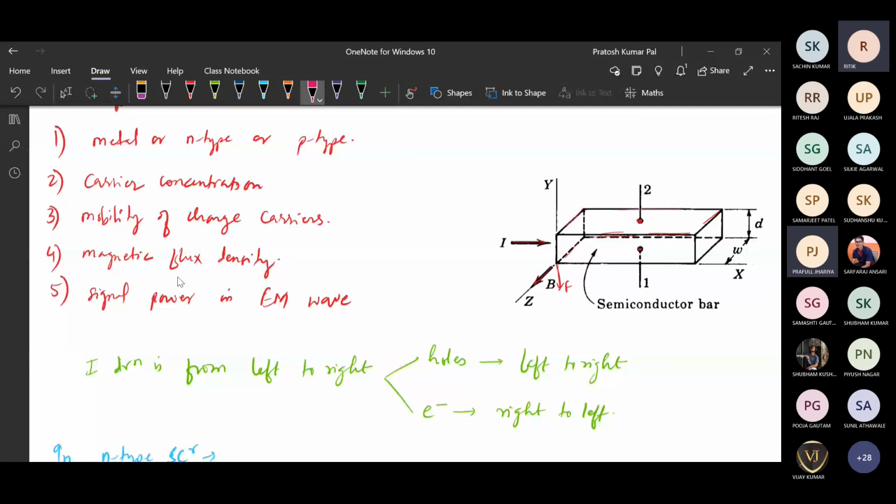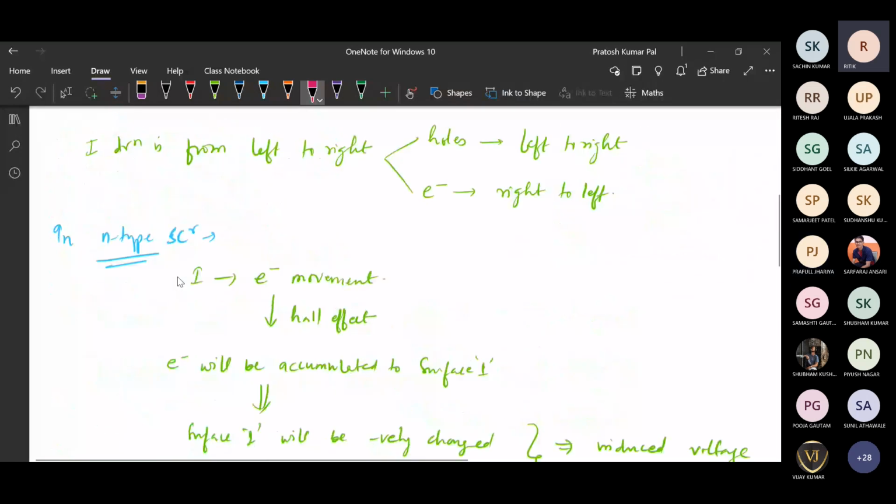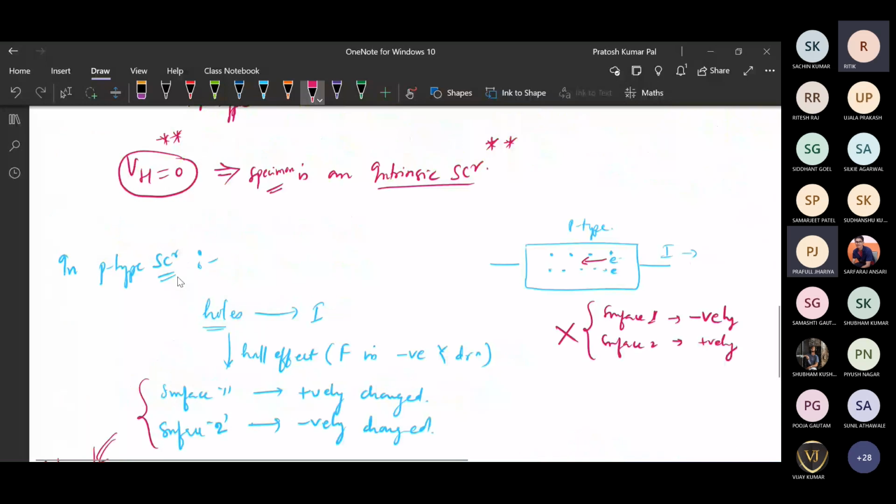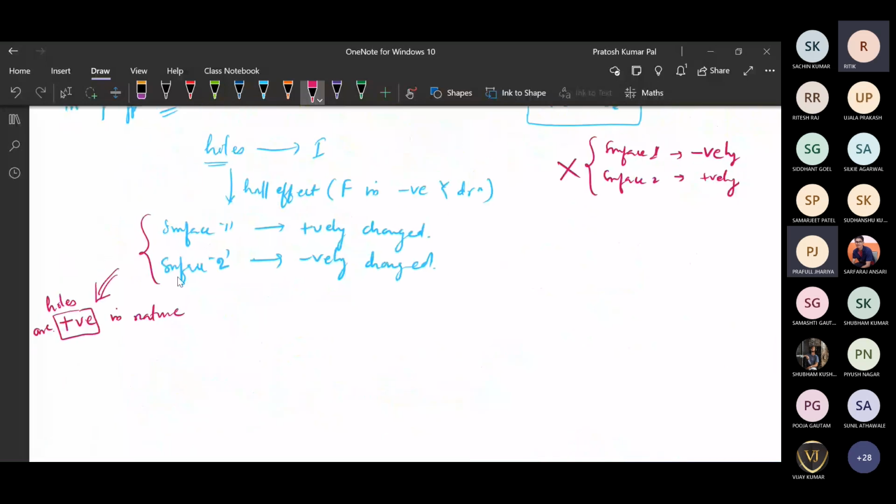But experimentally it has been found that surface 1 is positively charged, because of the accumulation of holes on surface 1. That's why holes are equivalent to a positively charged carrier, like electrons are negatively charged. So holes are found to be a positively charged carrier. This has been observed by the Hall effect.